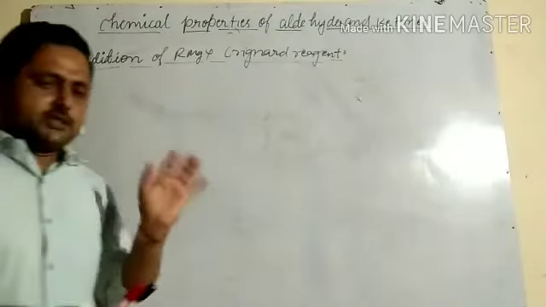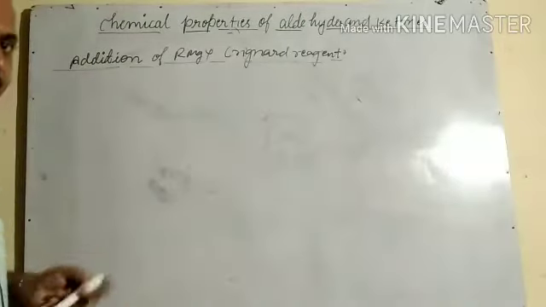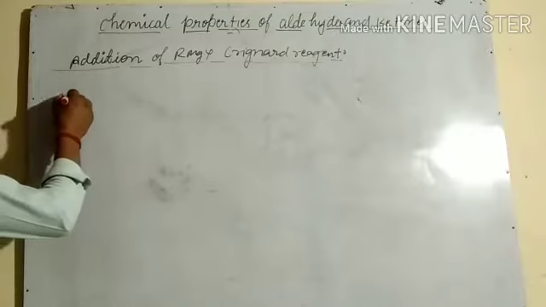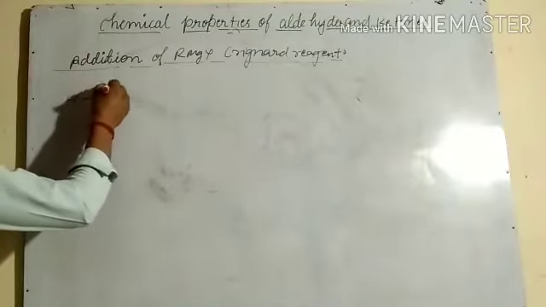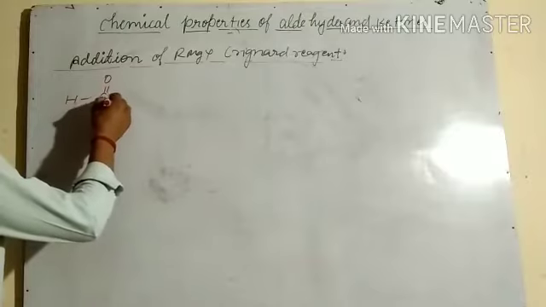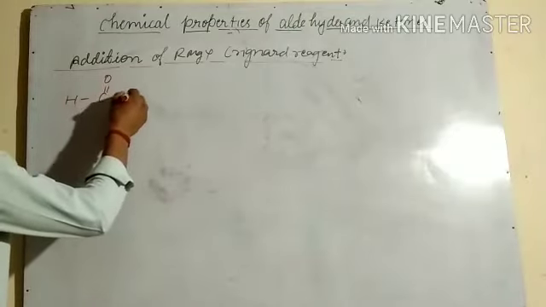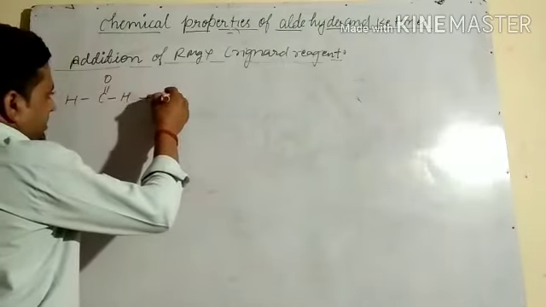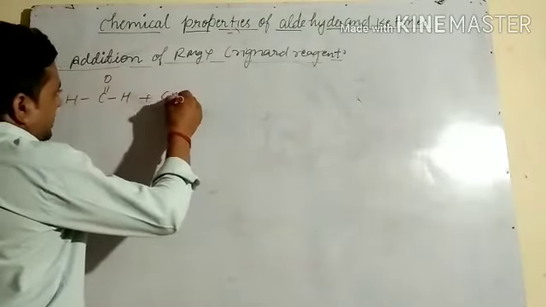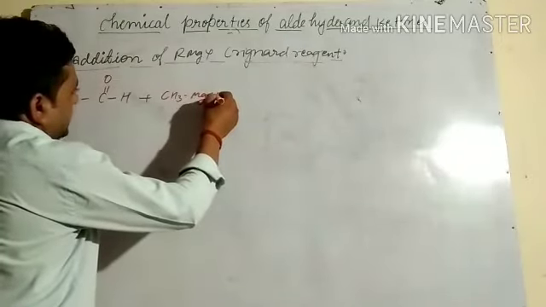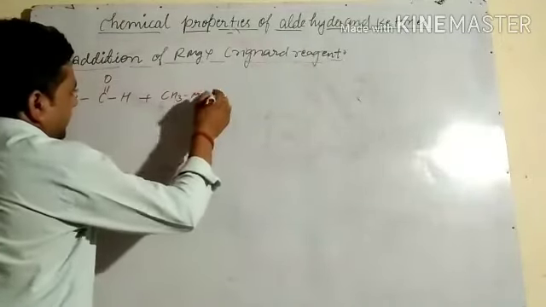So let us see how it gives the primary, secondary and tertiary alcohol. If I am taking formaldehyde, I have taken it here, and RMgX. In this place I have taken methyl magnesium chloride, or we can say RMgX here.